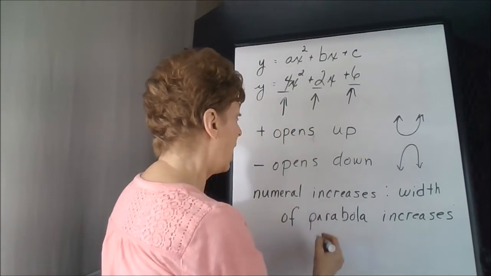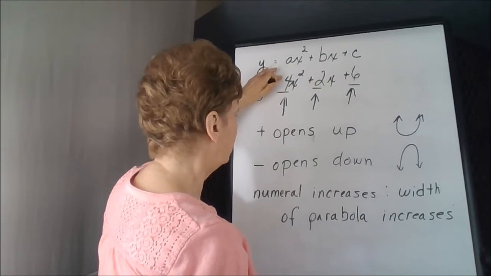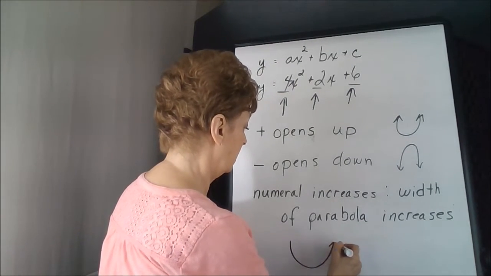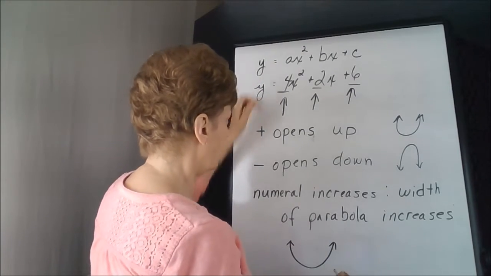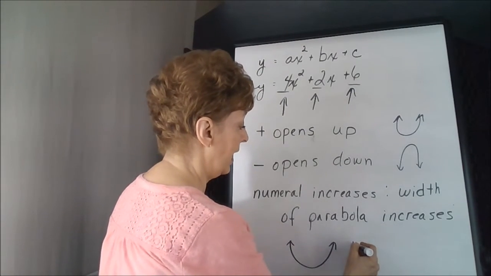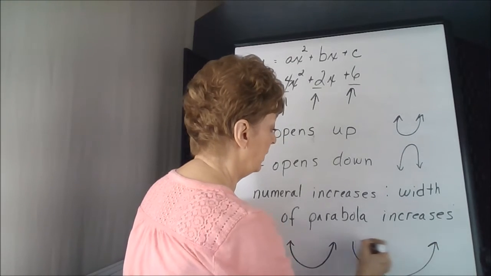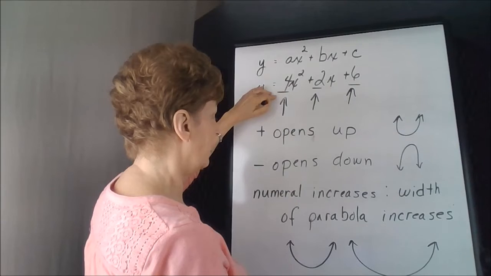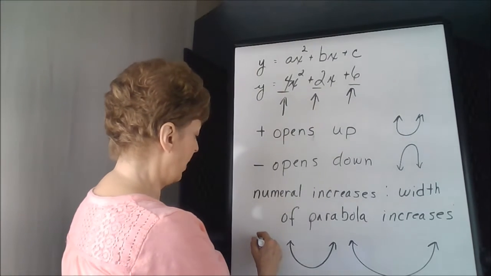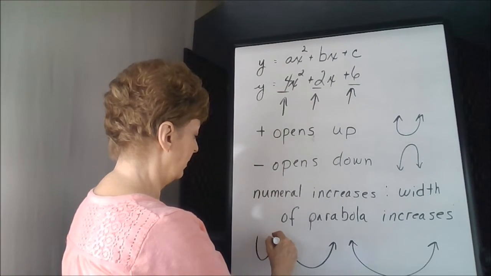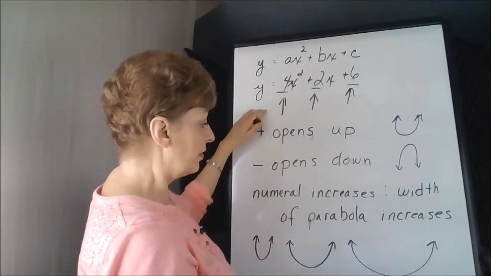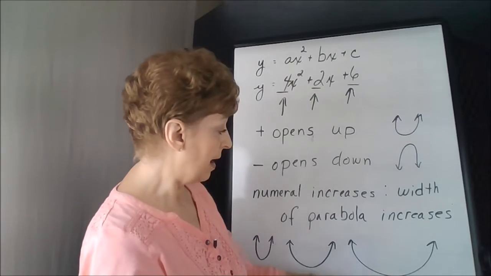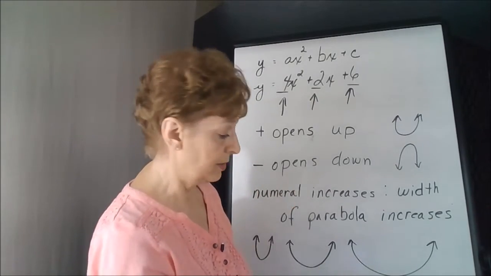So now a positive 4 might be this way. If this were a 14, we'd have quite a wide parabola. And if this were just 2, you might have a parabola that looks more like that. All of them would still be upward facing, but the width of the parabola would be different.